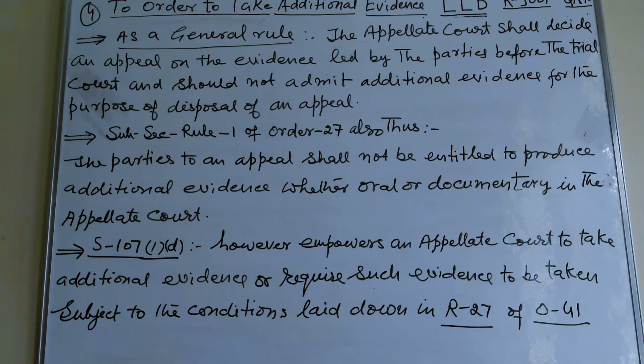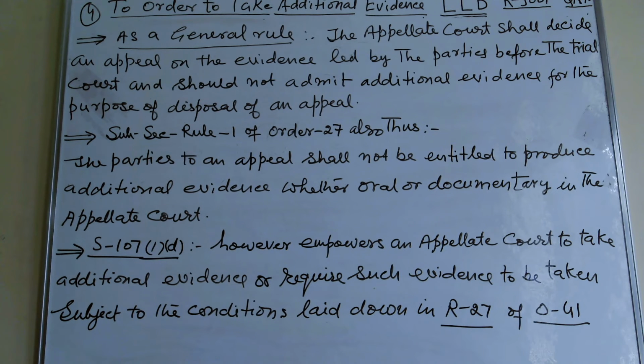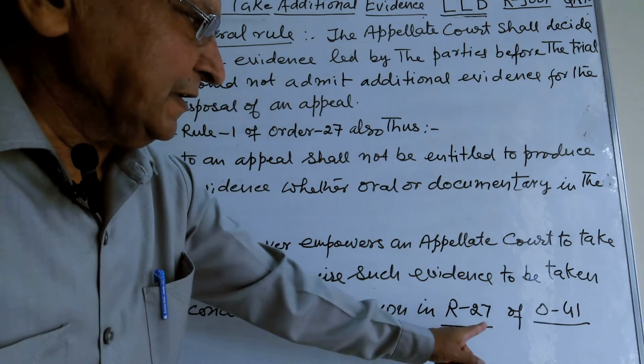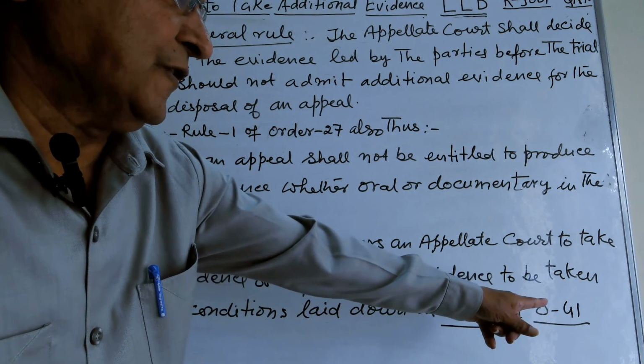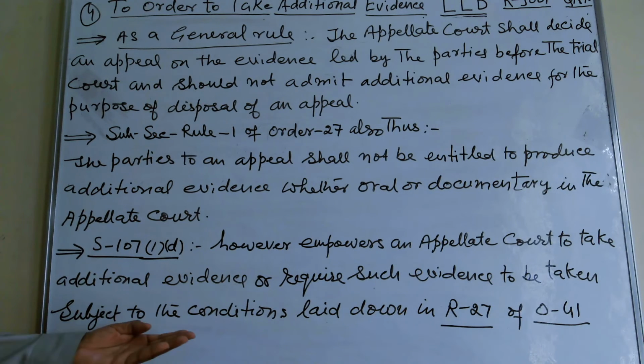Now third, Section 107(1)(d), however, empowers an appellate court to take additional evidence or require such evidence to be taken subject to the conditions laid down in Rule 27 of Order 41. Under this condition, the appellate court can take additional evidence.